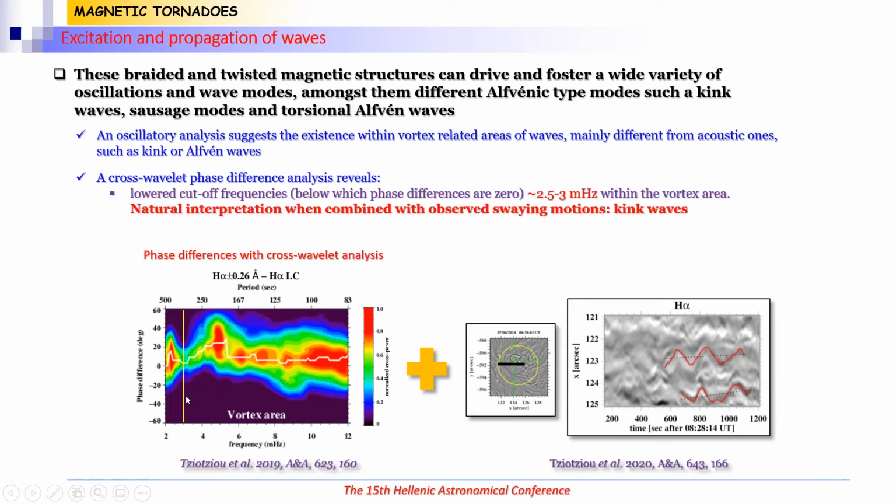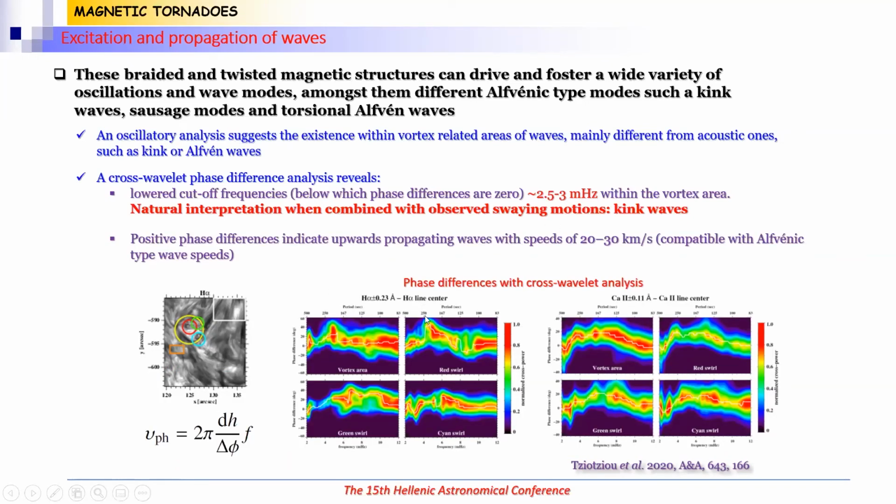And when we combine this with some observed swaying motions that we see at the structures within this vortex area, the natural interpretation of these swaying motions and this lowered phase difference is basically the suggestion of kink waves.